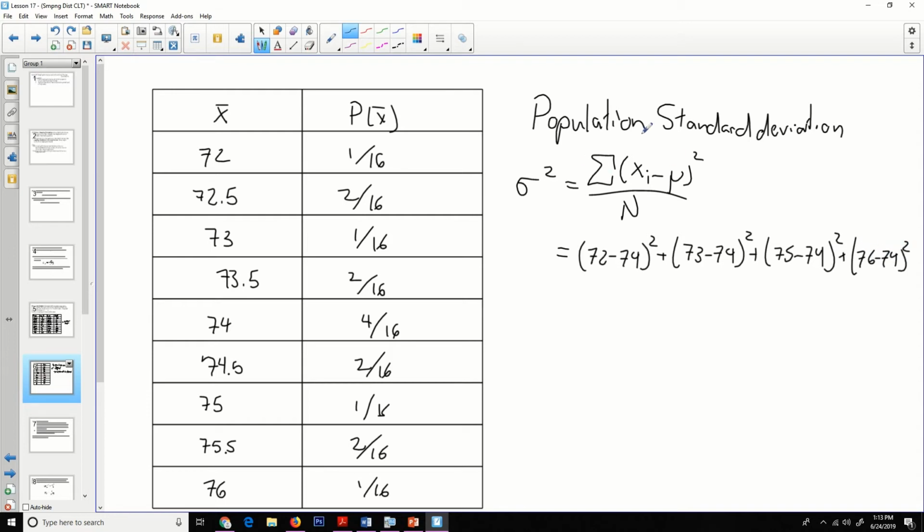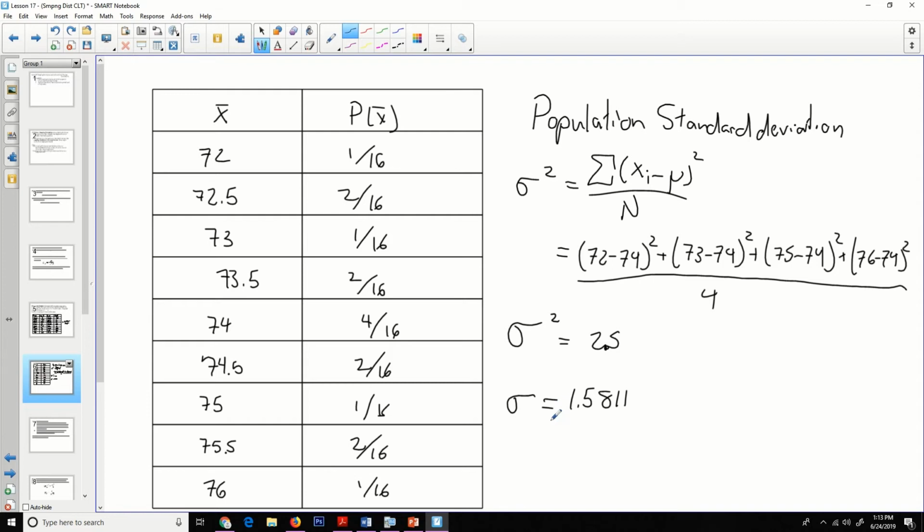Now that is just the sum, and there are 4 elements in the population, 72, 73, 75, and 76. And so this variance comes out to be 2.5. And so if we take the square root of that, we get the standard deviation of the population to be 1.5811.